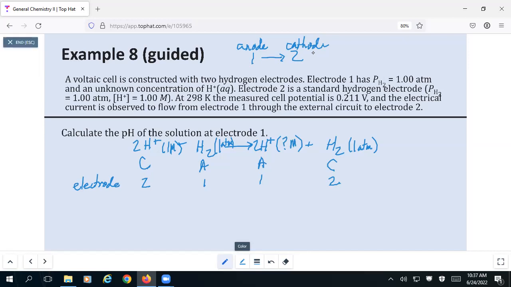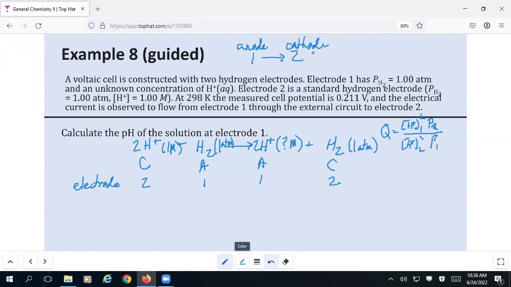As far as our Q value is concerned for the Nernst equation, it would be the concentration of the hydrogen ion in electrode 1 squared times the pressure of the hydrogen in electrode 2, divided by the concentration of the hydrogen ion in electrode 2 squared times the pressure at 1.